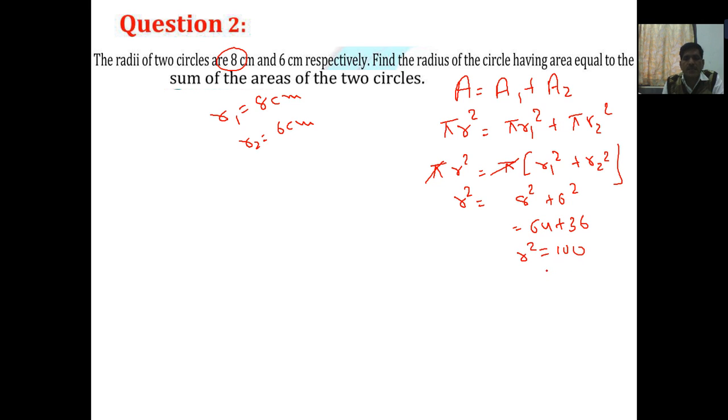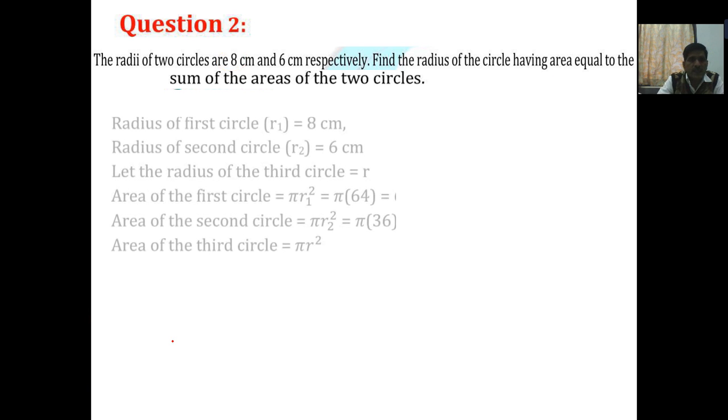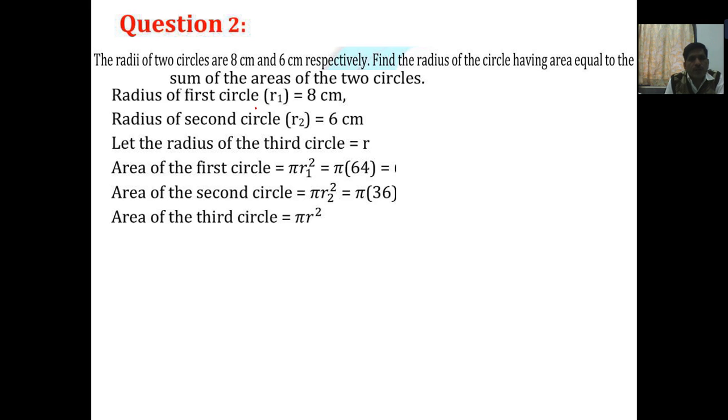So r square is equal to 100. So r is equal to 10 centimeter. So the radius of the circle is 10 centimeter. Let me see whether we are correct or not. The radius of the first circle r1 is 8 centimeter, the radius of the second circle r2 is 6 centimeter, the radius of the third circle is r. The first circle has area 64 pi, the second circle 36 pi, and the third circle pi r square.